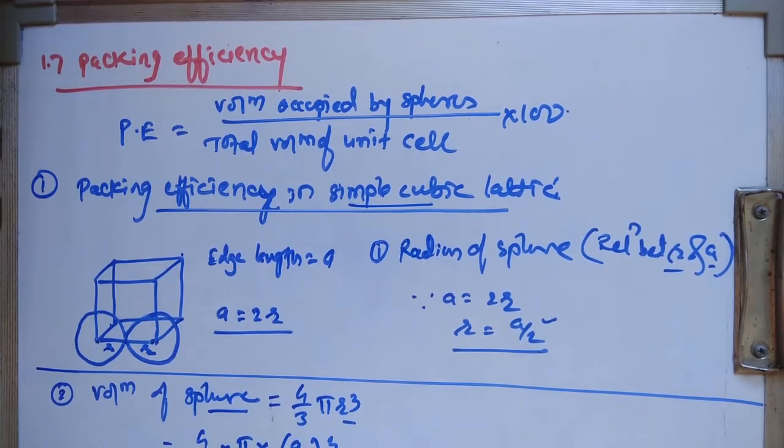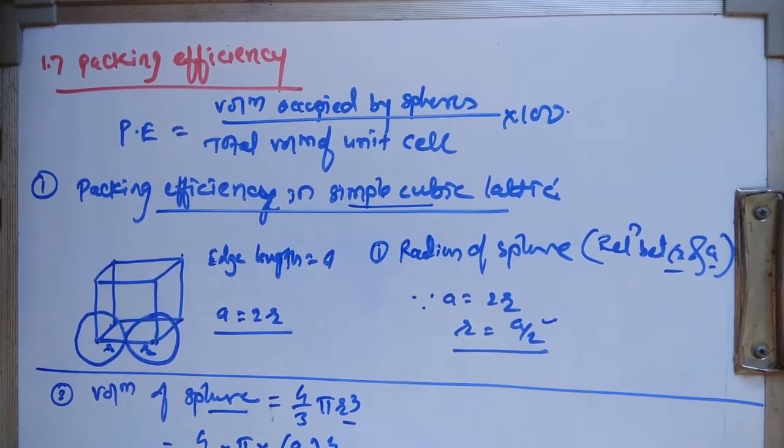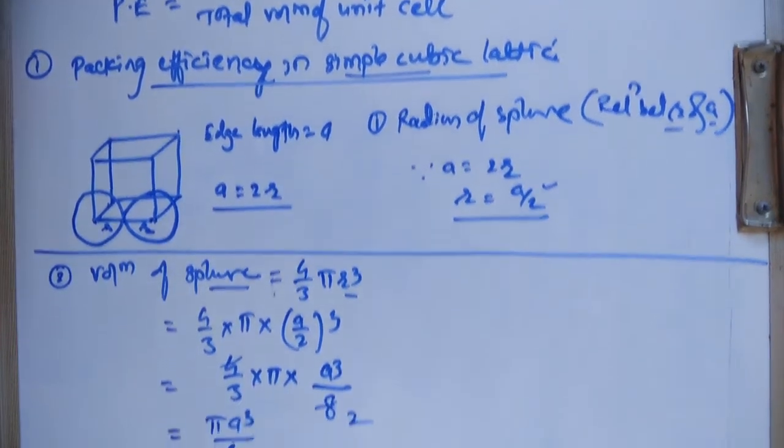Therefore the total volume occupied by all spheres is equal to 1 into pi into a cube divided by 6, that is equal to pi into a cube divided by 6. See here, I will just push it up.